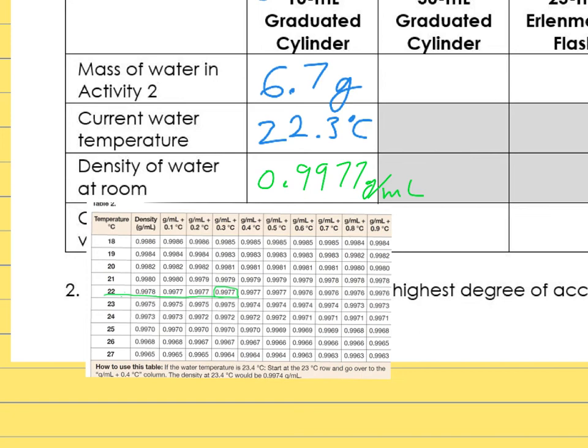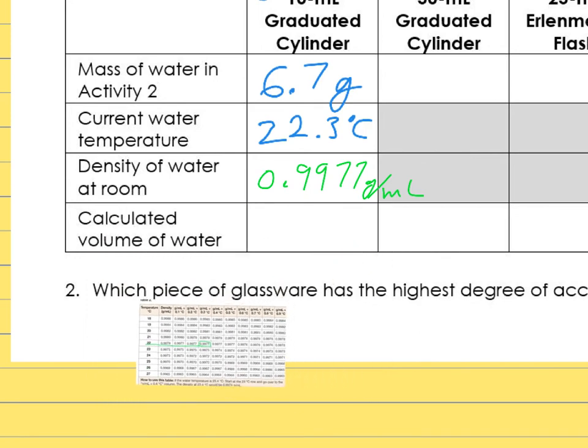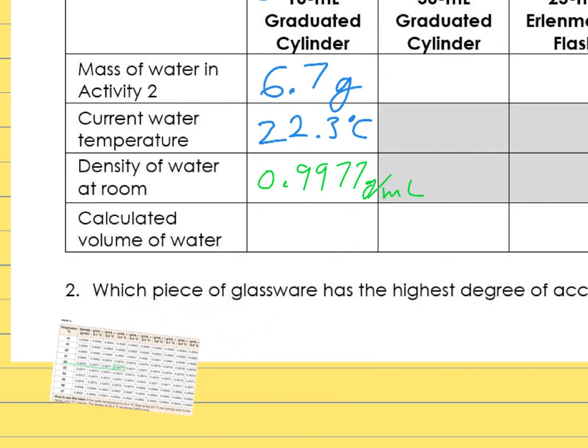We now need to calculate the actual volume of the water. The actual volume of the water here is going to be our mass divided by our density. Remember that: volume equals mass divided by density.